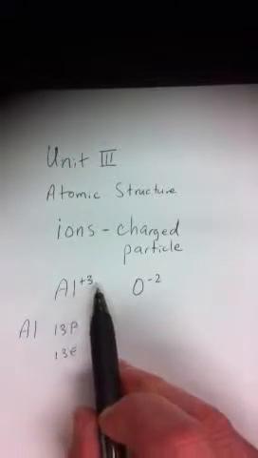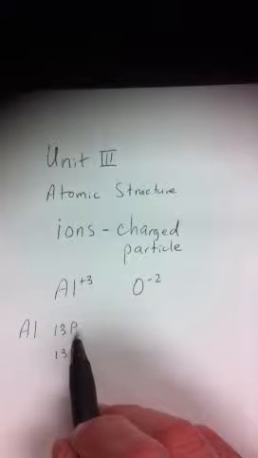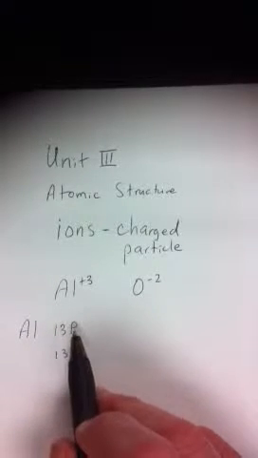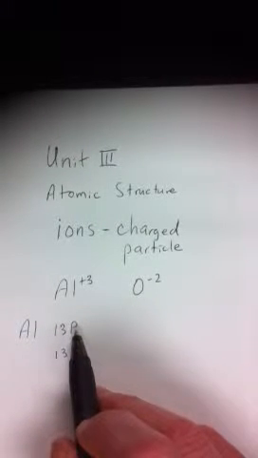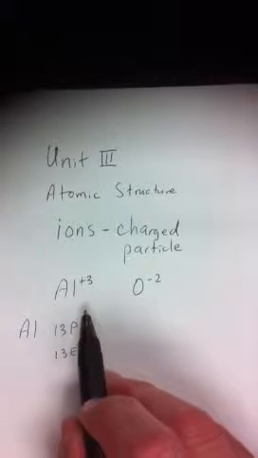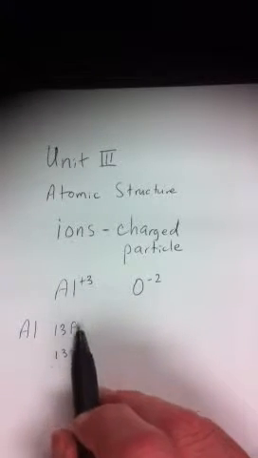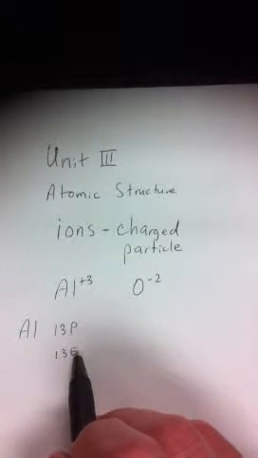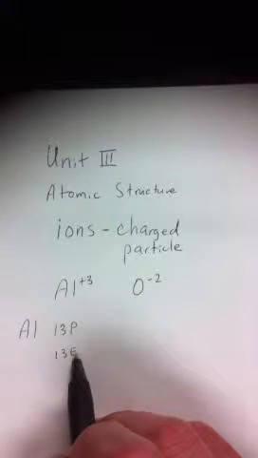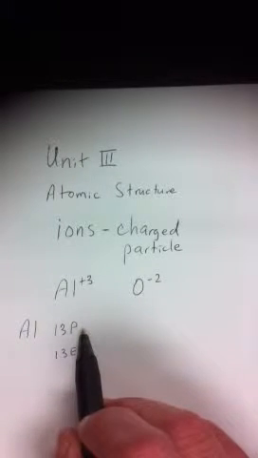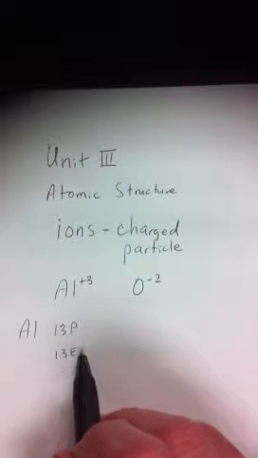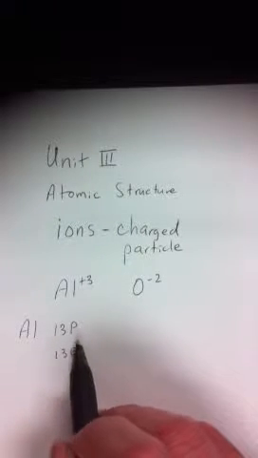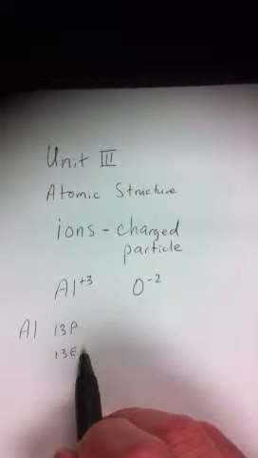Atoms become charged by losing or gaining electrons. They can lose or gain electrons and still be the same atom. If the protons change, it's a completely different atom. So the way that this becomes positive 3 is that it loses these electrons, so that you're going to have 3 more positives than negatives. Protons are positive, electrons are negative.